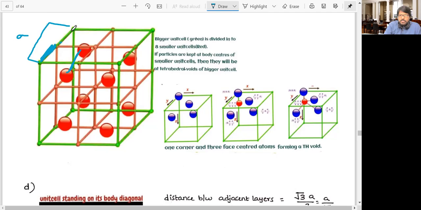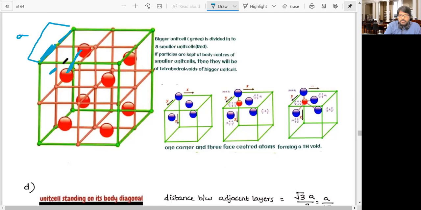This distance also A by 2. Now, in this unit cell, this is at body center. In this unit cell, it is at body center. And from this body center to this body center, distance is asked.